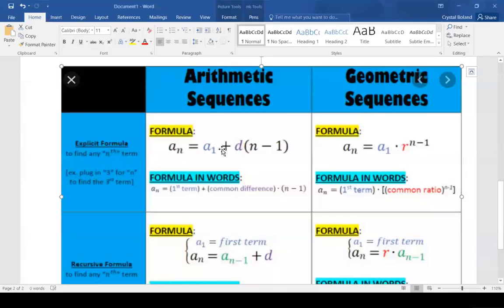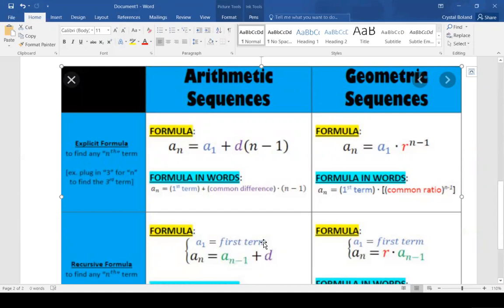So where do we have subscripts? What formula? The explicit formula or the recursive? Okay, look at the subscript. So recursive is with the subscripts, right? At the bottom.